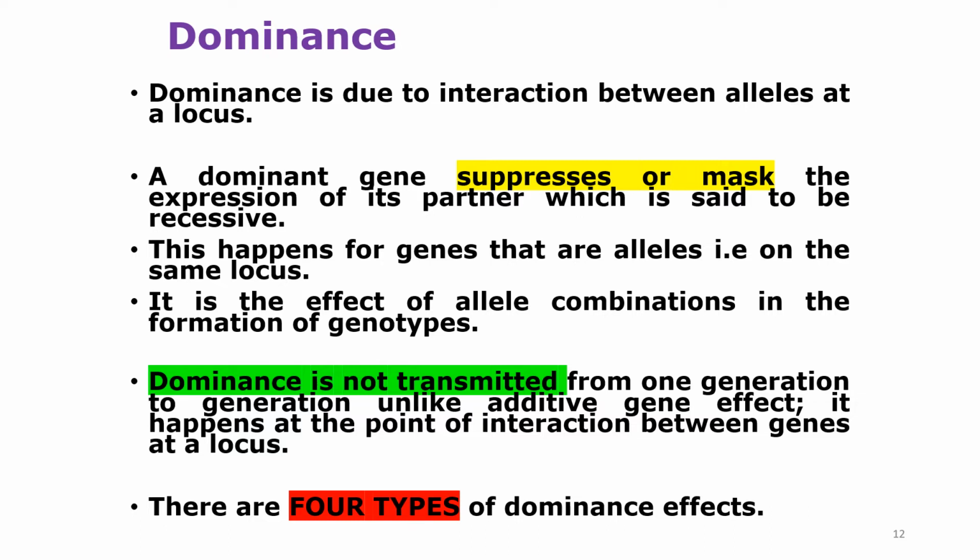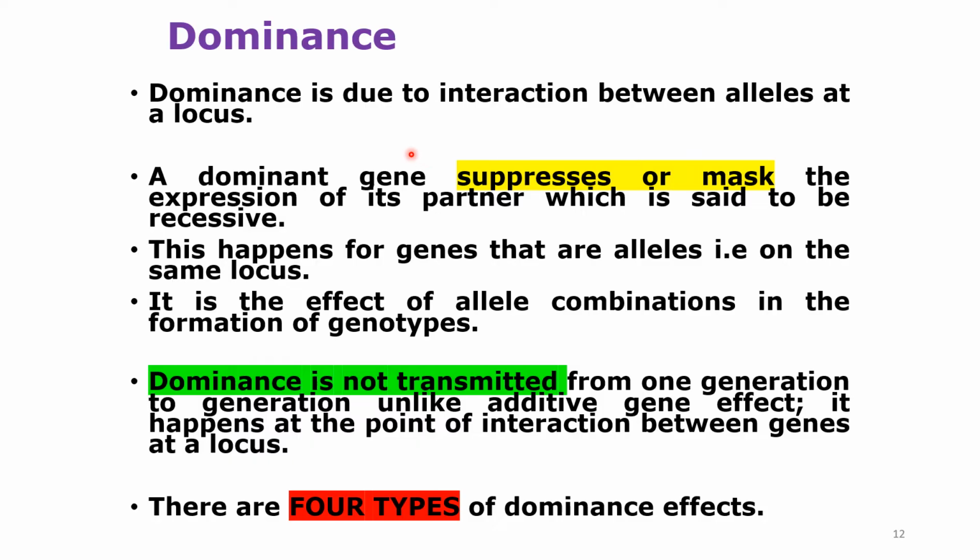So that is additivity. The next thing we want to look at is dominance. Before we go further, I want to remind us that additive genetic variance is transferable from parents onto their offspring. Dominance, on the other hand, is an interaction that occurs between alleles at a locus.